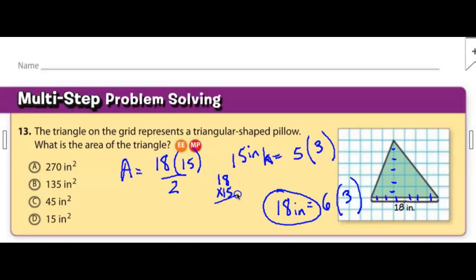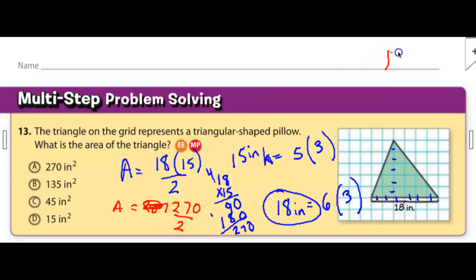We're doing the next step. So go ahead and figure that out for me, please. Okay, if you multiplied and got 270, you are correct. Now we're going to simplify the expression even more, and so area is going to equal 270 divided by 2.